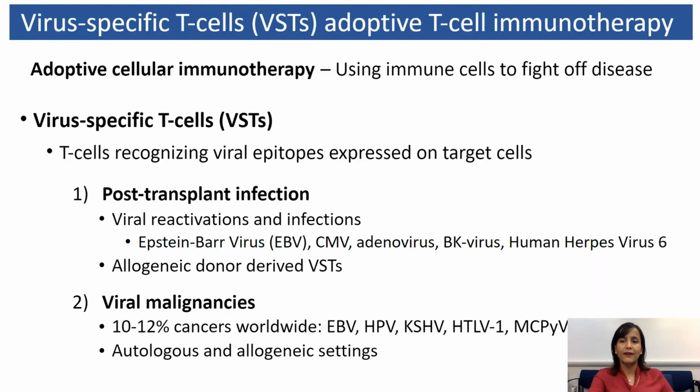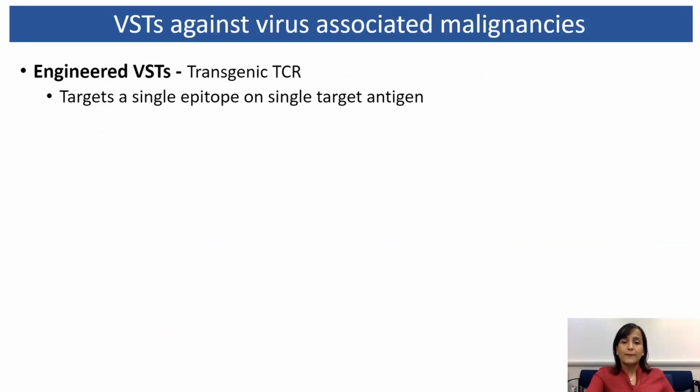Over the past few years, there have been new developments and effective treatments against these virus-associated malignancies in both autologous and allogeneic settings. So today we'll really focus on viral malignancies and the virus-specific T cells used against them.